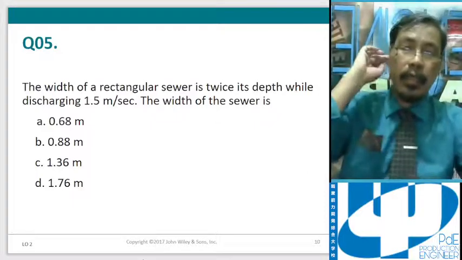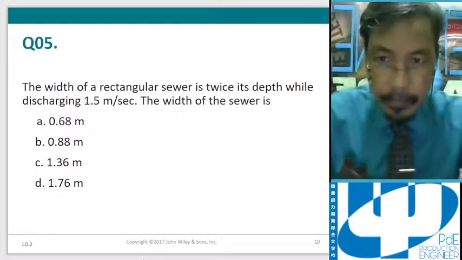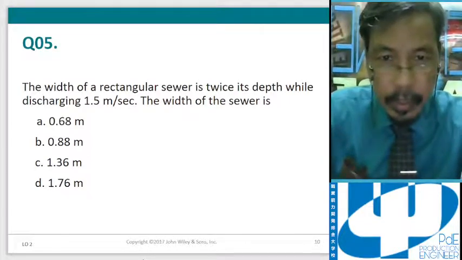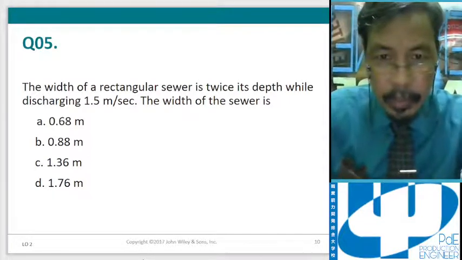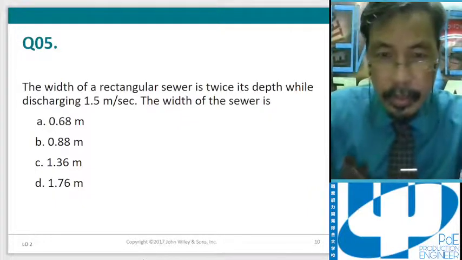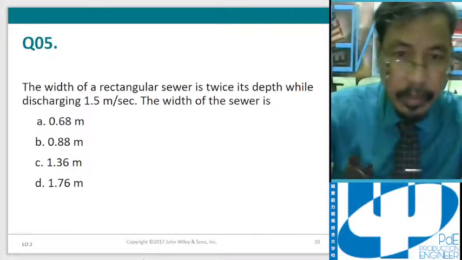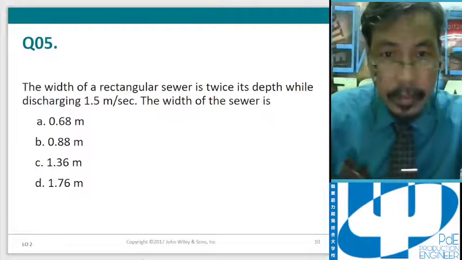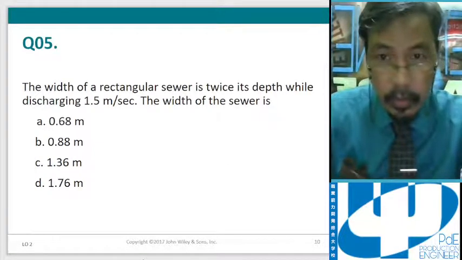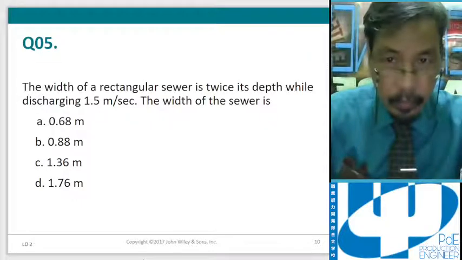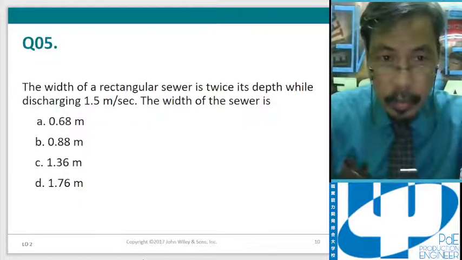Okay, it is a rectangular type of sewer, and the choices are A 0.68 meters, B 0.88 meters, C 1.36 meters, D 1.76 meters. 1.5 meter per second discharging velocity, rectangular, with a width twice its depth.